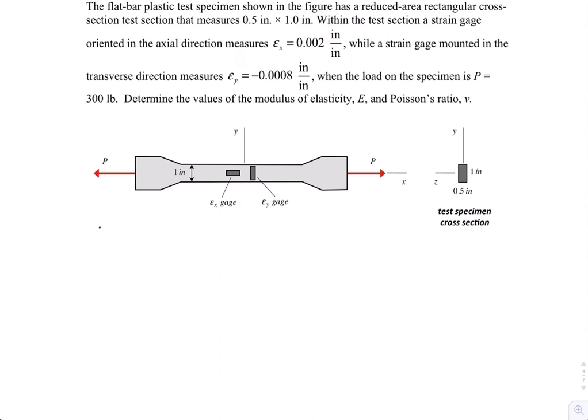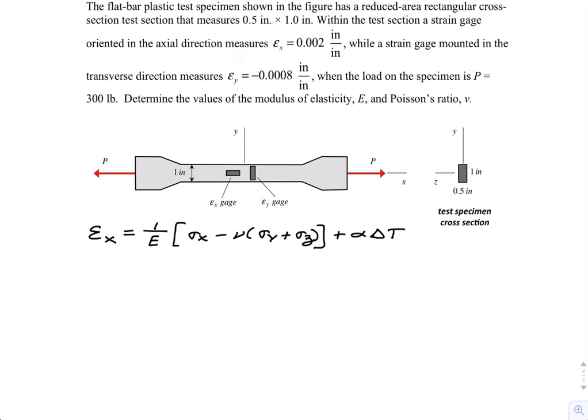I'm going to go back to our basic equations here, our Hooke's law for general cases, where epsilon x is equal to 1 over E times sigma x minus nu times the quantity sigma y plus sigma z. In general there's also an alpha delta T term.